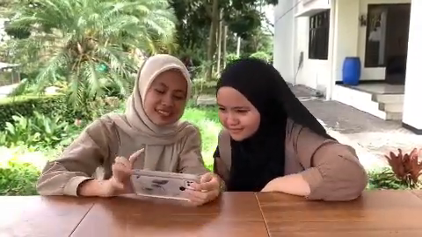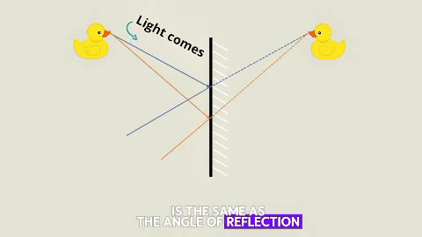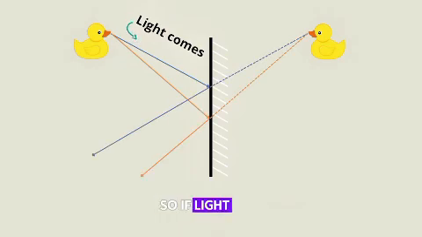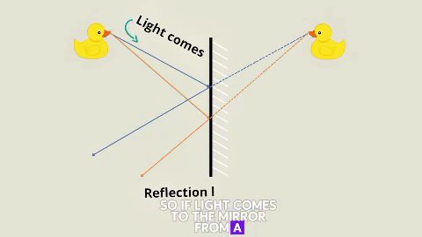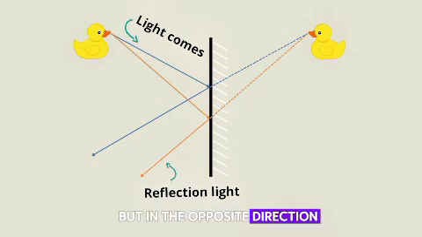Look at this. The angle of incidence is the same as the angle of reflection. So, if light comes to the mirror from a certain direction, it will bounce off with the same angle in the opposite direction.